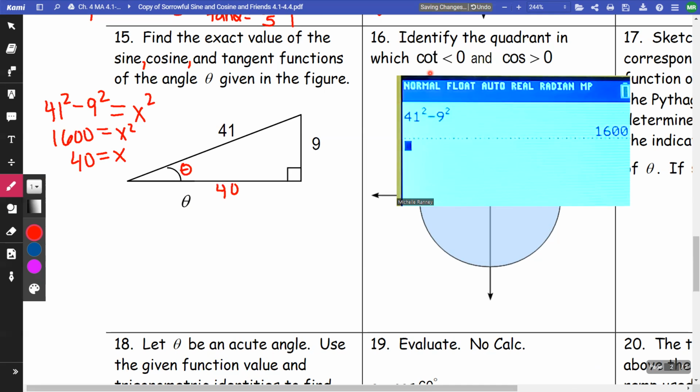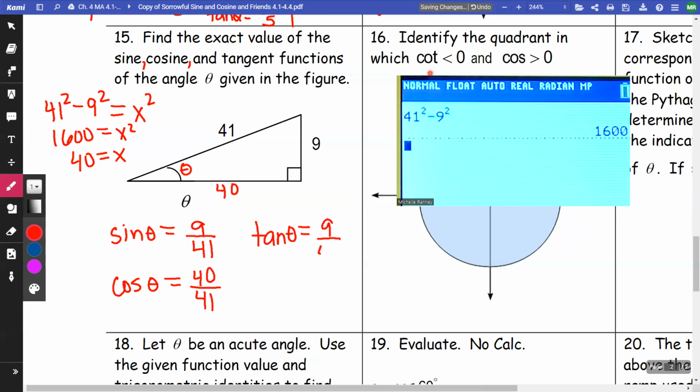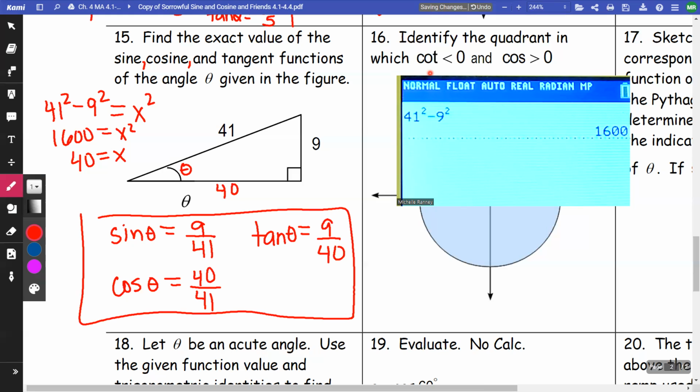So this is going to be a 40. And so the sine of this angle is going to be opposite over hypotenuse. The cosine of this angle is going to be adjacent over hypotenuse. And the tangent is going to be opposite over adjacent. And so those are our values.